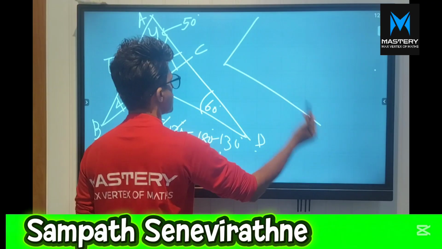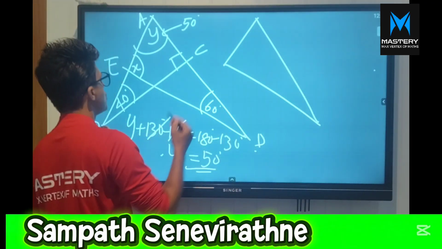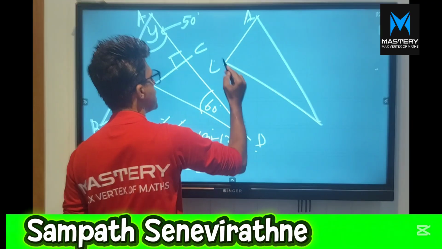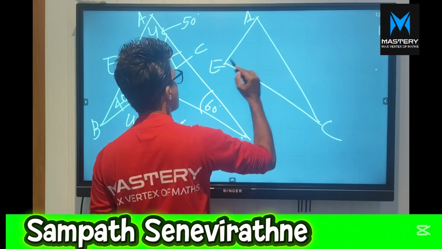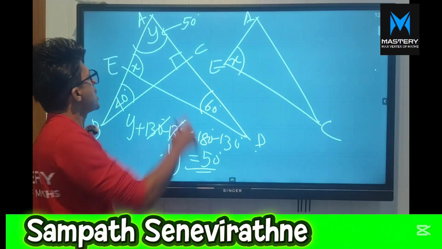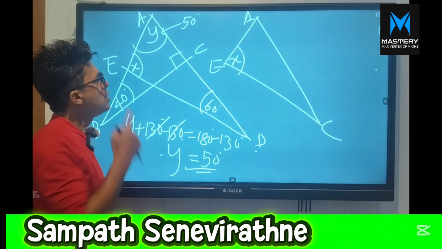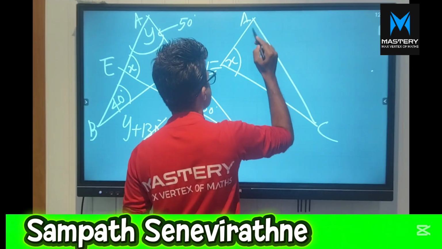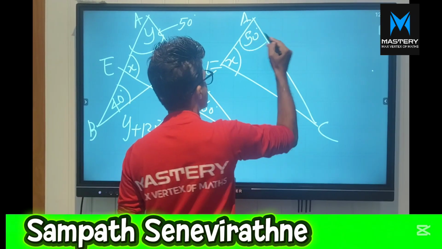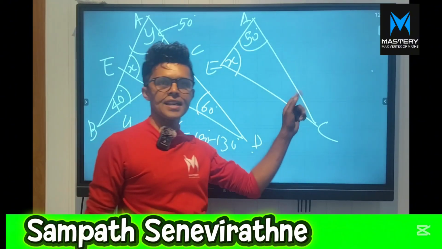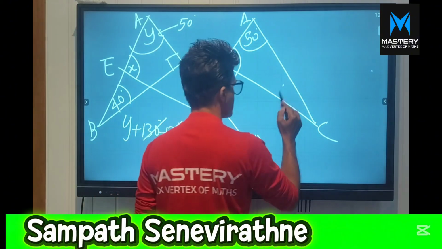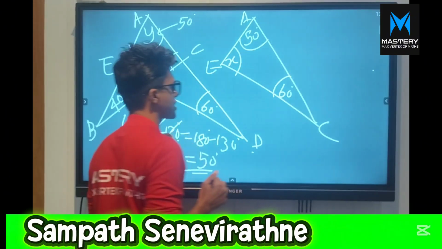You could see already we've taken the triangle ADE. We've taken the value of y as 50 degrees here, and this angle has been given as 60 degrees.